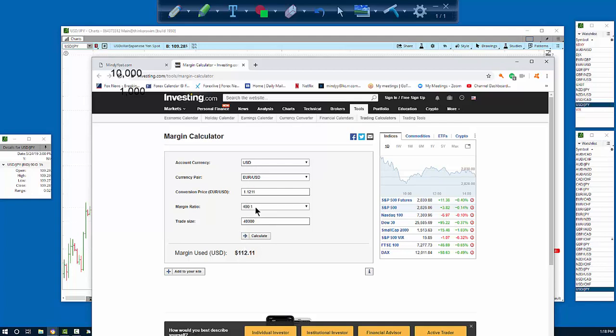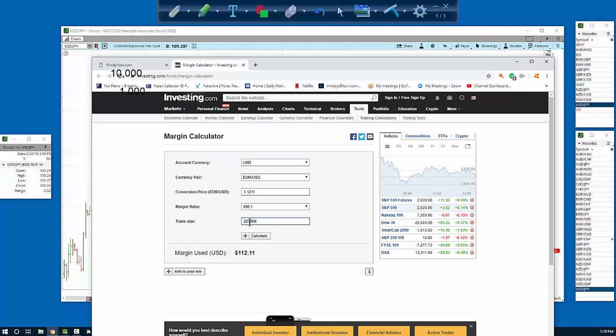If I was going to figure out how big of a trade I could make and not have my margin requirement be more than $1,000, I'd have to start typing a bigger number and a bigger number. Here would be 200,000.